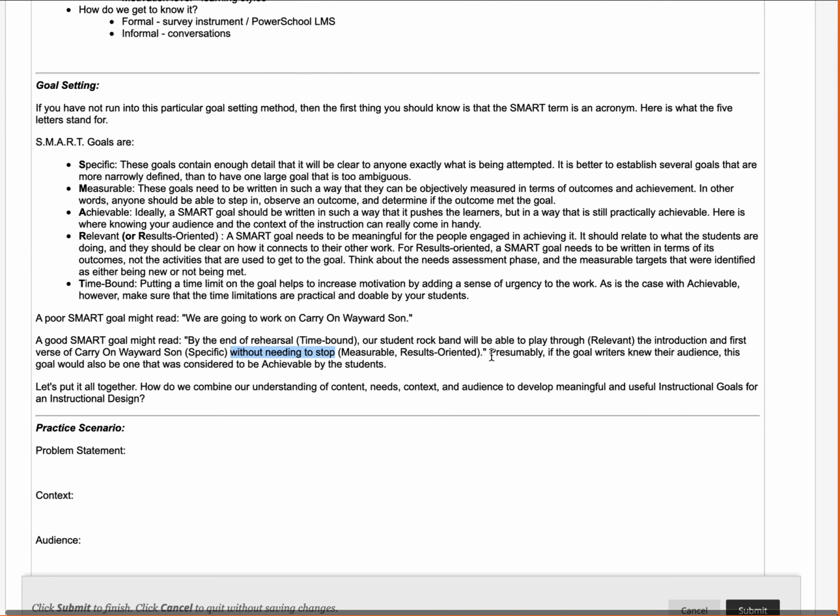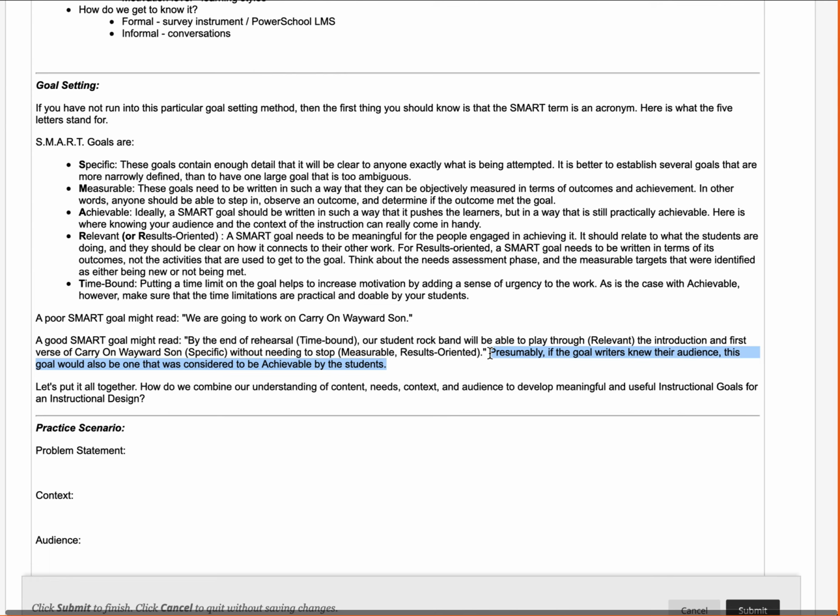And then, the only piece that's not explicitly in there would probably be the achievable, but that would come from whoever is setting this goal kind of understanding that this is something that we are able to do in this period. And that would mean they understand their own abilities. They know the abilities of the other students in the class. They know what they've worked on already. They know how much work is left to be done.